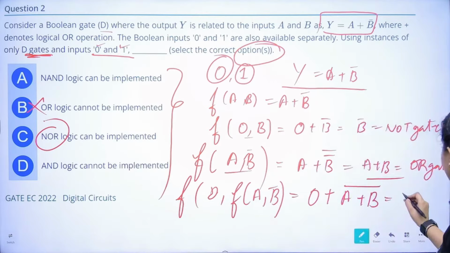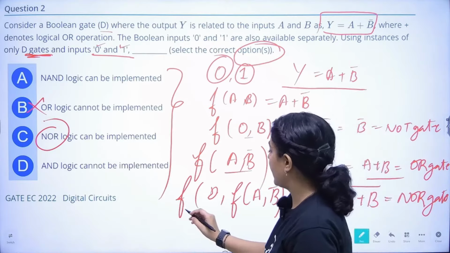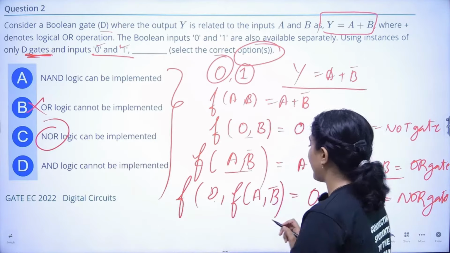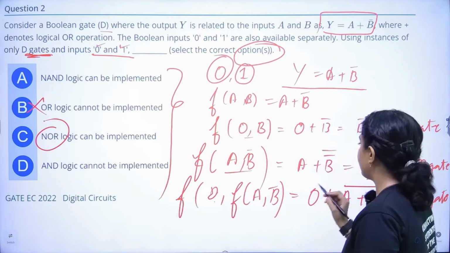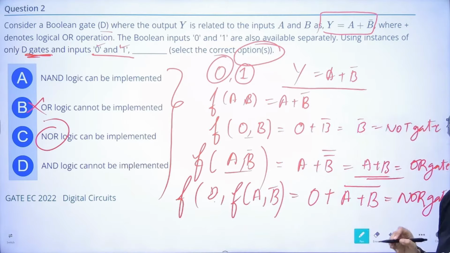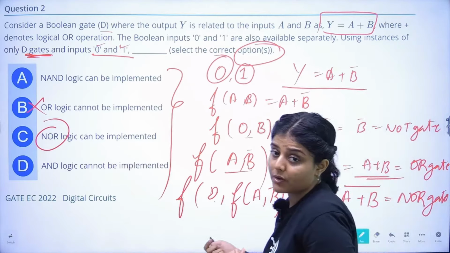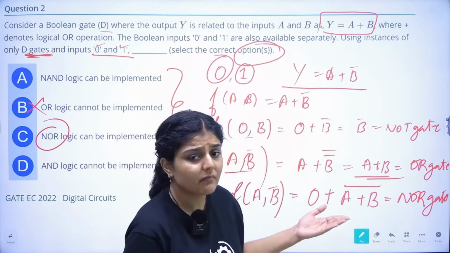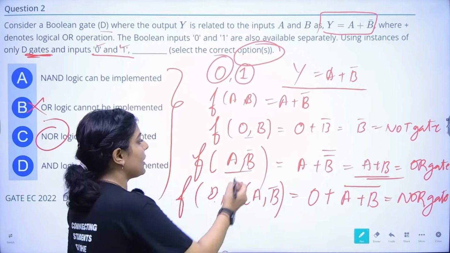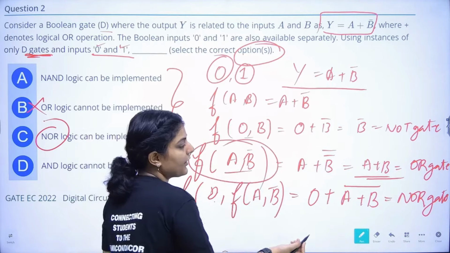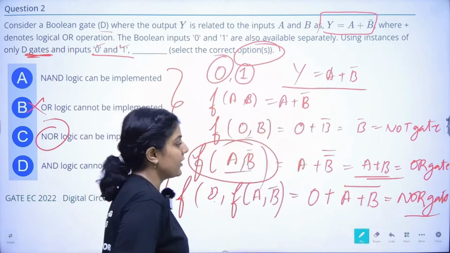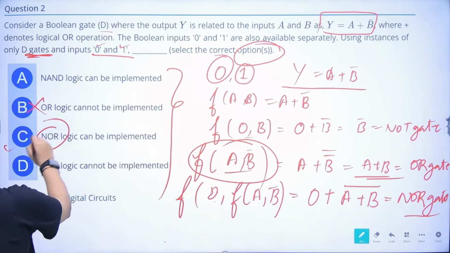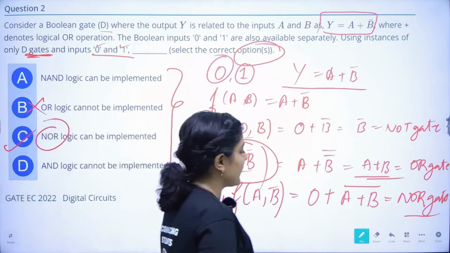If f of A, B bar is giving us A plus B, that is the OR gate, and I have to convert NOR out of it. As I have told you, if I can make any NOT gate, I can easily make this. So if I take NOT of this, it will give me NOR, right? So we can easily implement NOR. Yes, that statement is correct.